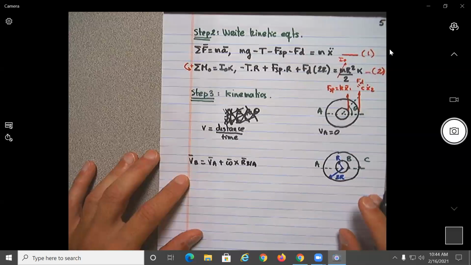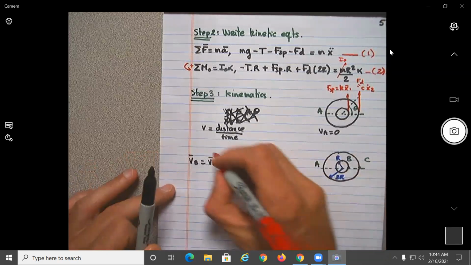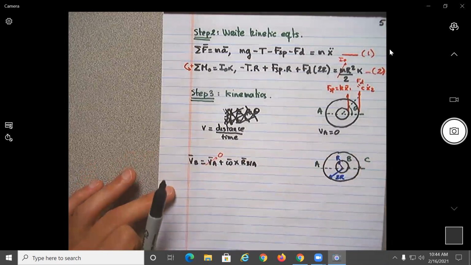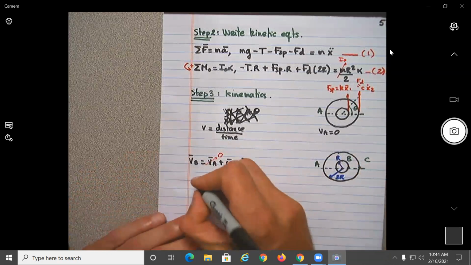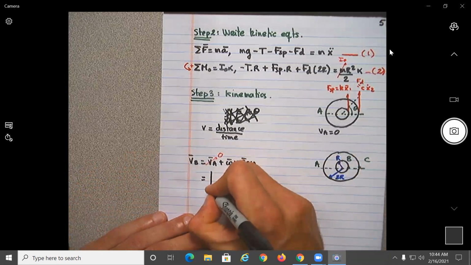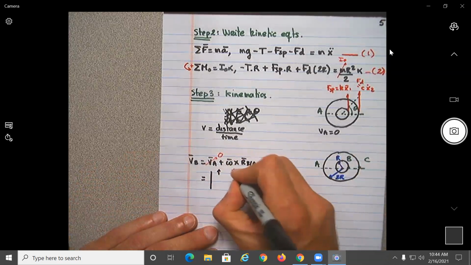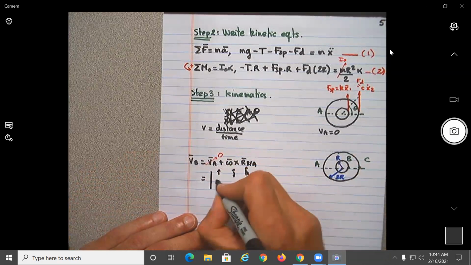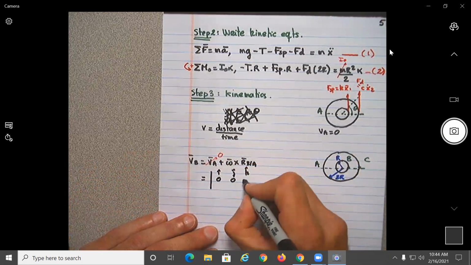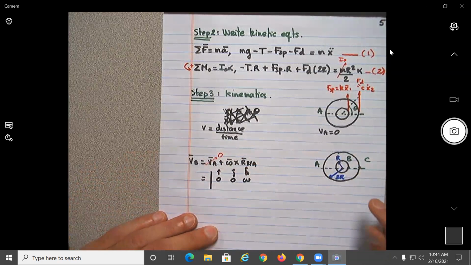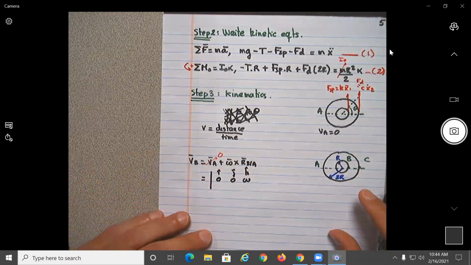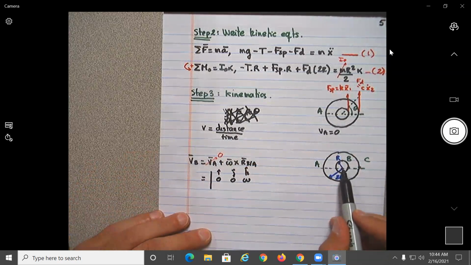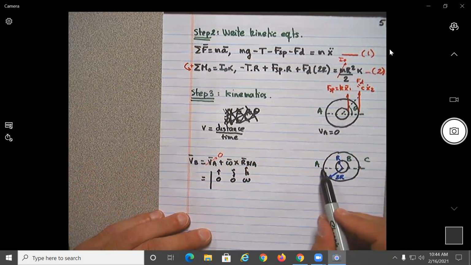Do you remember this equation? Sort of. So the velocity of A, we know at that instant is 0. So again, I'm going to do it like if it was dynamics. So this should give you the cross product of i, j, k of 0, 0, omega. And what is the position of B with respect to A?